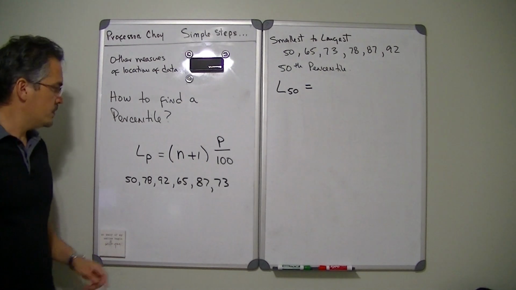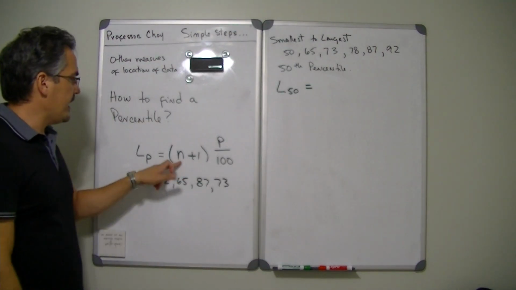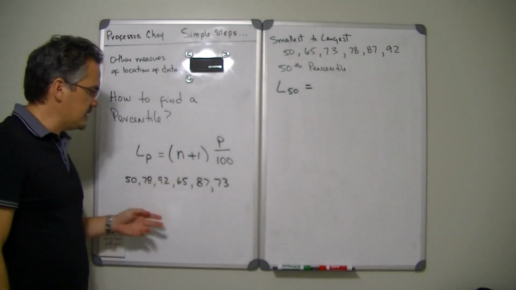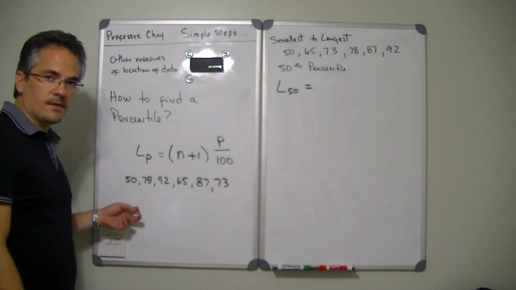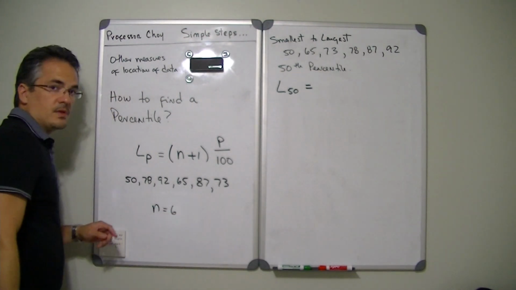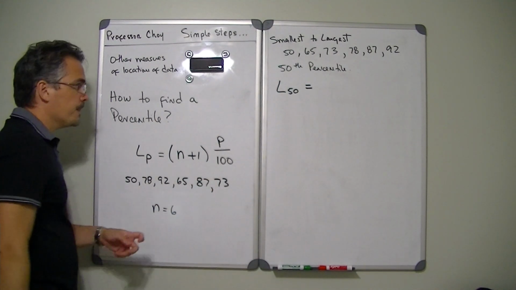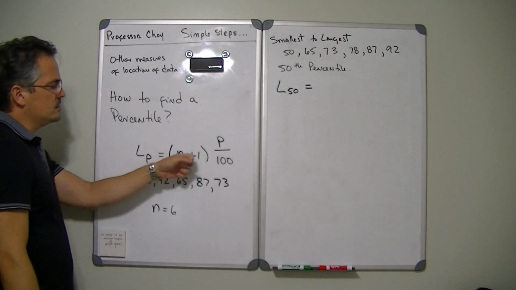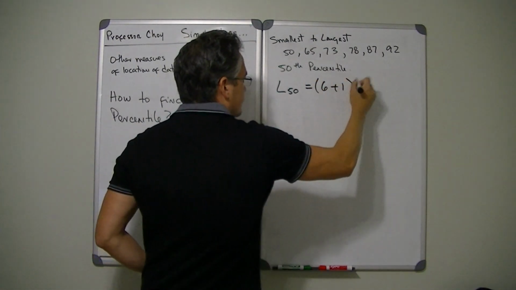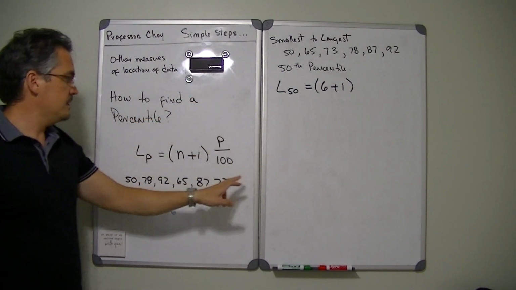That's going to be equal to N plus 1. Now from all the videos that I've done, remember that N is basically the sample size or population size, or basically the number of data points that you have. In this case, N equals 6, because we have 1, 2, 3, 4, 5, 6 pieces of data. So our formula says we got to do 6 plus 1, and P, which in this case is 50, divided by 100.